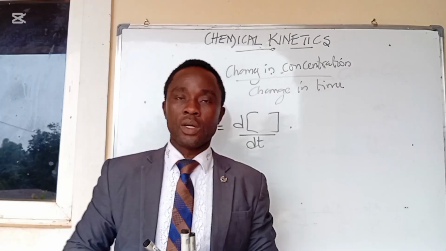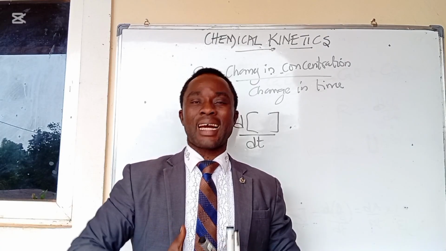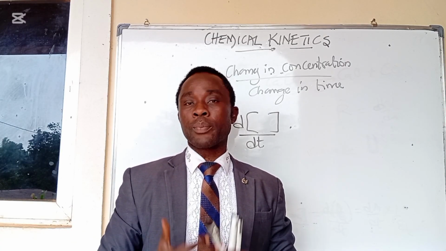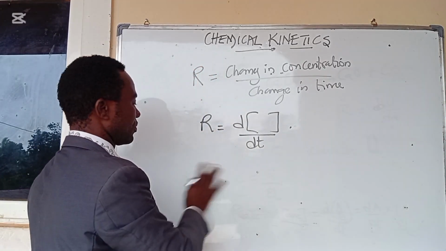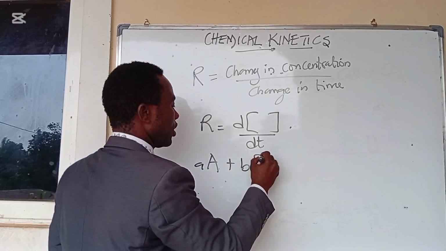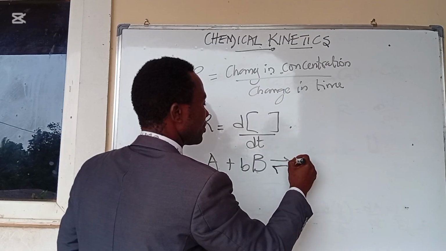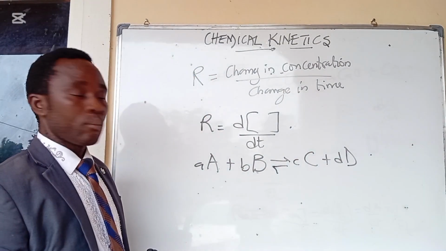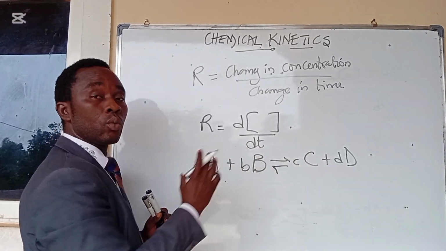And we also know that as reaction proceeds, the concentration of the reactant decreases with time, while the concentration of the product increases with time. That is to say, if we are given that A reacts with B to give us C plus D, we can write the rate using this equation.